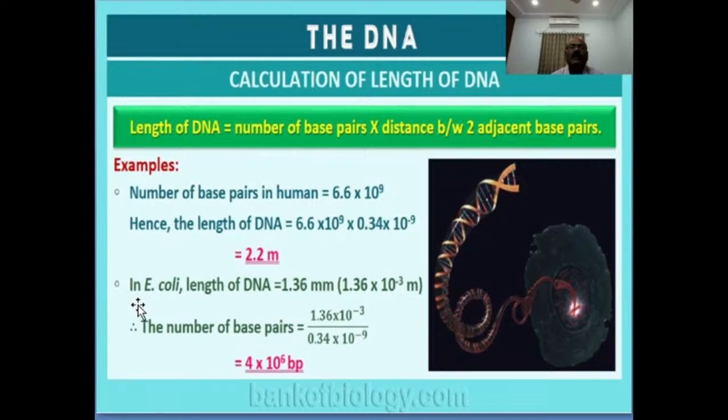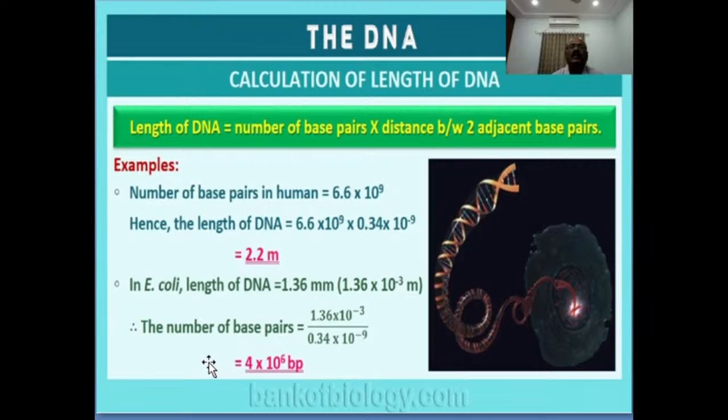In E. coli, the length of DNA is 1.36 millimeter. That means 1.36 into 10 to the power of minus 3 meters. So the number of base pairs is 1.36 into 10 to the power of minus 3 divided by 0.34 into 10 to the power of minus 9, which equals 4 into 10 to the power of 6 base pairs.